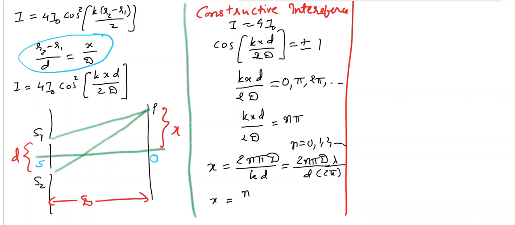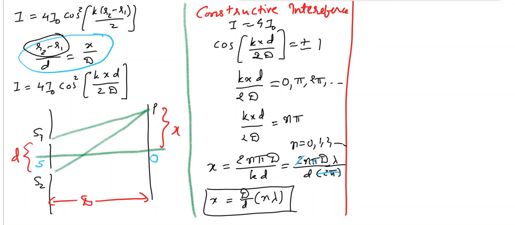So this 2 pi cancels out. What you will be left with is D by d into n lambda. If this condition is satisfied at x, constructive interference will take place. So this is the condition for constructive interference. Here if we take n lambda, we will end up with the same result.